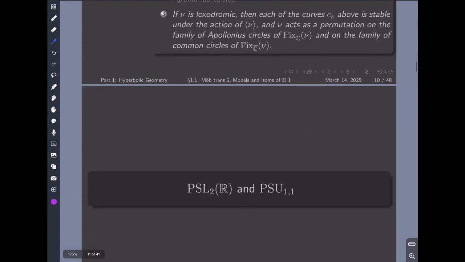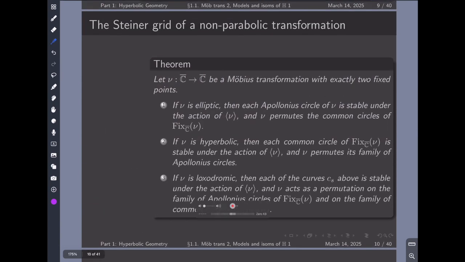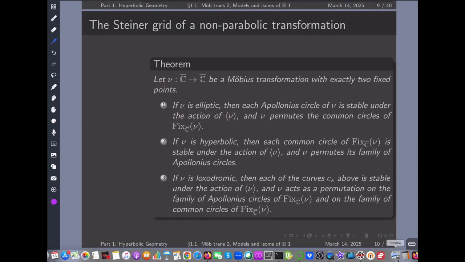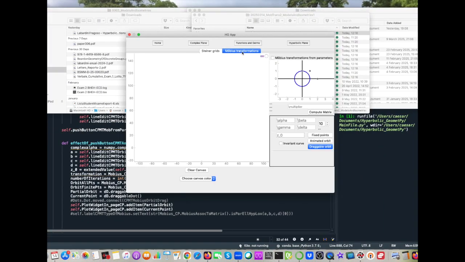Okay. And then before continuing, so maybe let me start with a parabolic one.